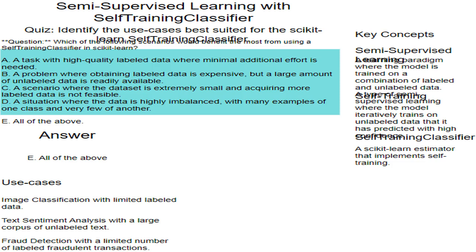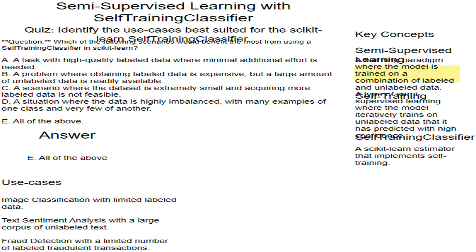When labeled data is limited, self-training classifier can be used to effectively expand the training set by incorporating unlabeled data. True. Self-training classifier can help address imbalanced data sets by utilizing the abundant data from the majority class to better classify instances from the minority class. True. Self-training classifier effectively tackles all the mentioned scenarios, making it a valuable tool for diverse data situations. E. All of the above.